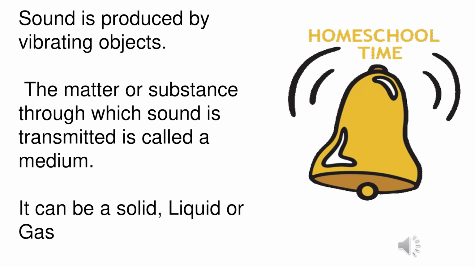In the previous scenario, when the bell rang and the tuning fork vibrated, we heard the sound because the sound was propagating in the air. Therefore, we can conclude that in the gaseous state, or in air, sound can propagate, because in that scenario the medium is gas or air.